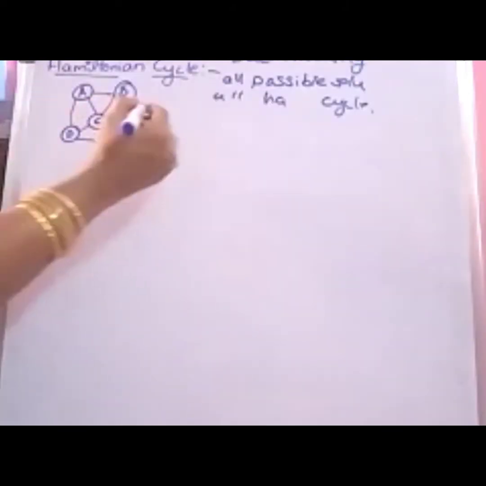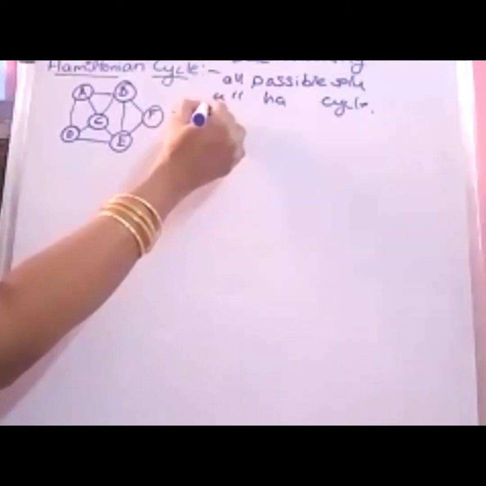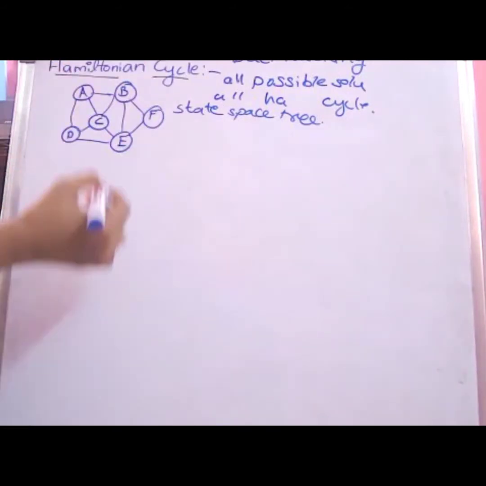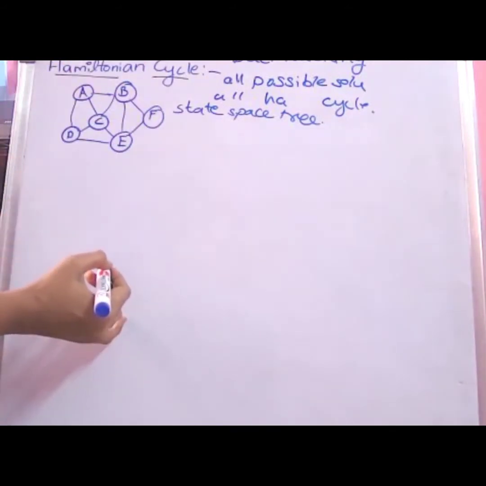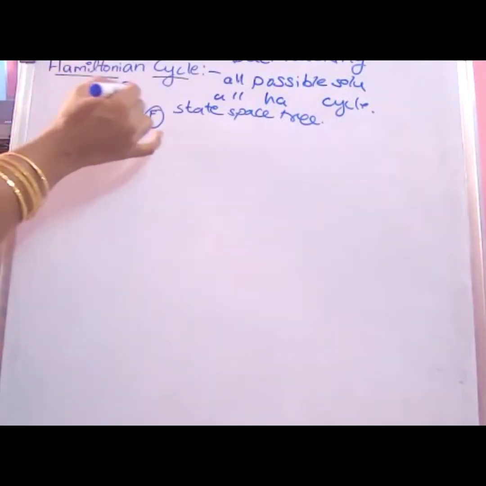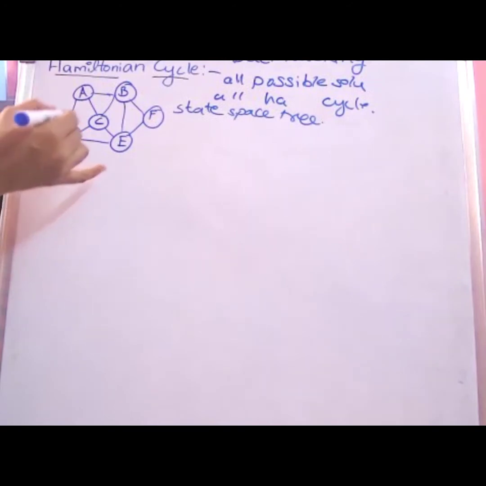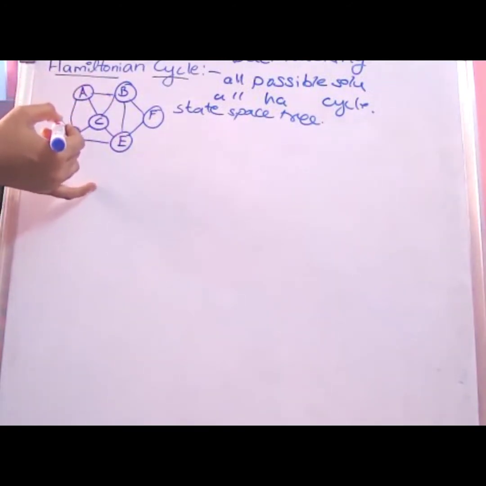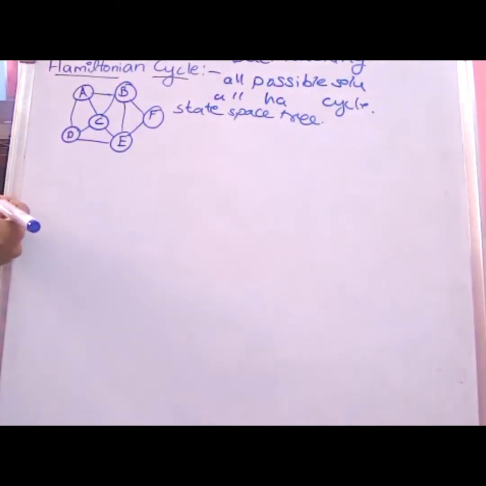And we already know all the solutions we generally represent with the state space tree. A state space tree starts with one root, from where we start the solution, and we find as many possible solutions as there are by visiting all the adjacent vertices. We try to visit all the vertices only once, and we come back to the start. Like that we can find all the possible solutions.